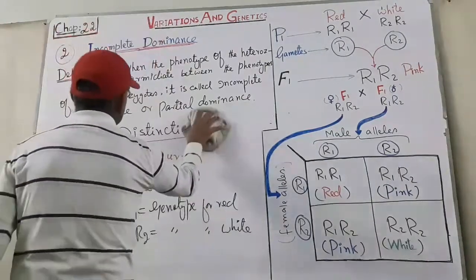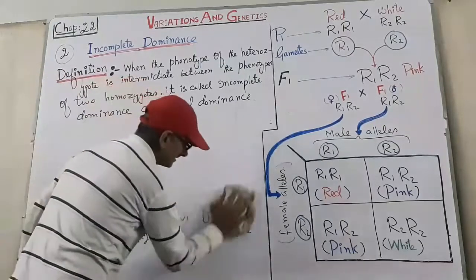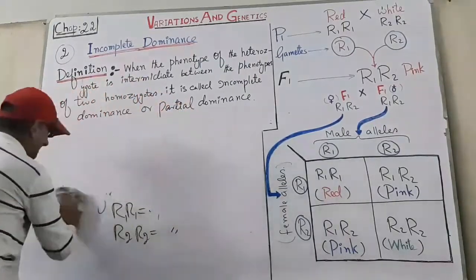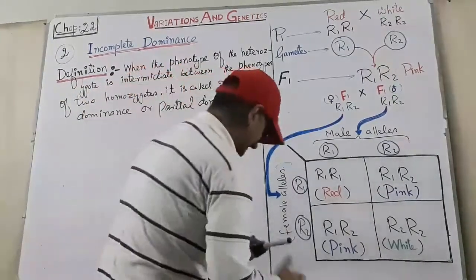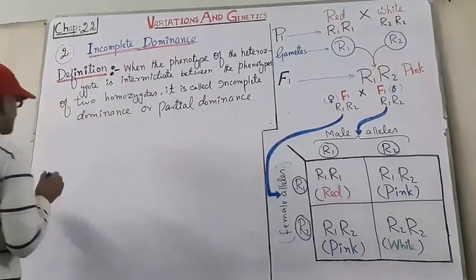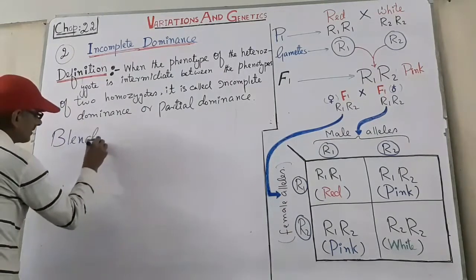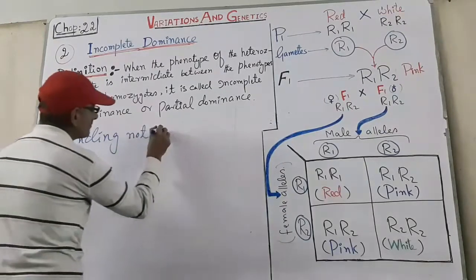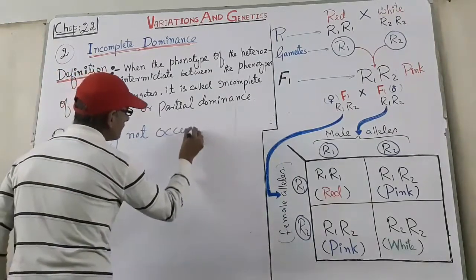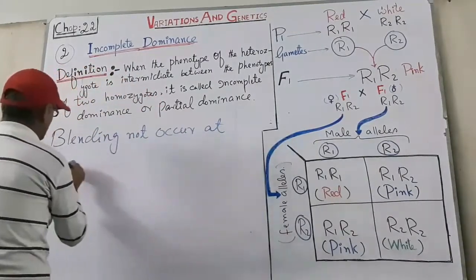Now, the next point is that blending does not occur at genetic level.